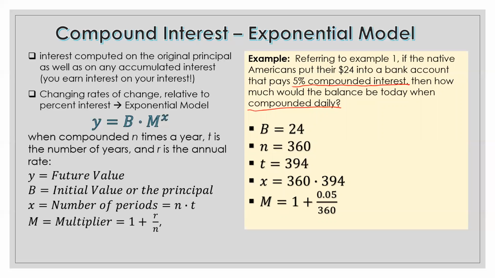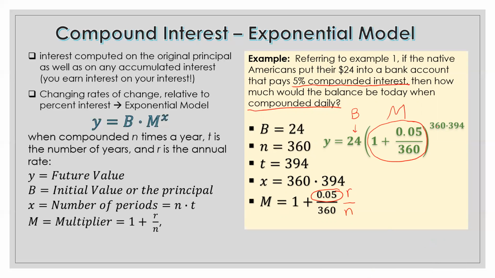And the multiplier would be 1 plus the rate, which is R divided by N. Now, when we plug in that information, we have B, which is 24. This right here is M, and that right there is to the X power. And we multiply.